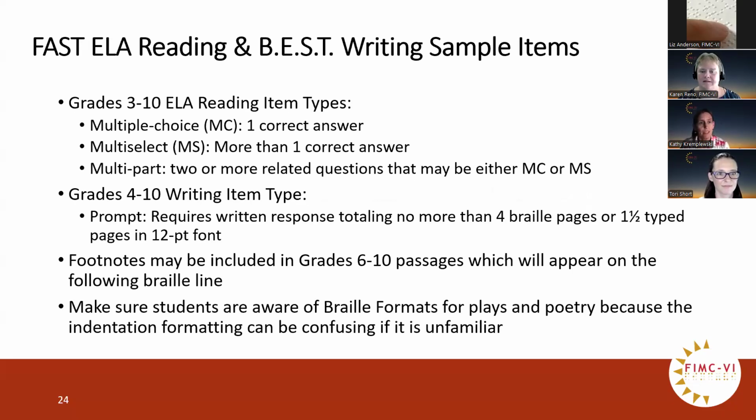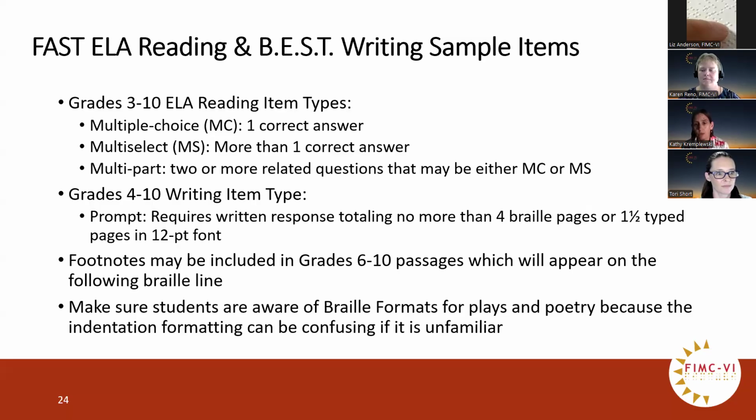All right, next slide. For the FAST ELA reading and BEST writing sample items, for grades 3 to 10 ELA reading, the item types are multiple choice with one correct answer, multi-select with more than one correct answer, and multi-part, where there are two or more related questions that may be either multiple choice or multi-select. For the grade 4 to 10 writing item type, all of them have the prompt, which is shown at the beginning and the end of the booklet.